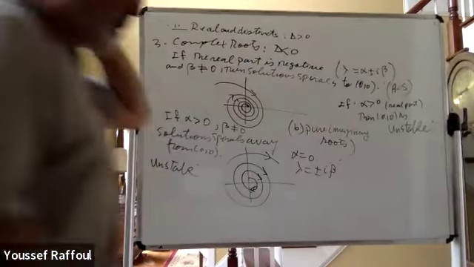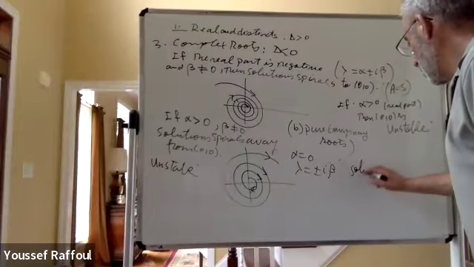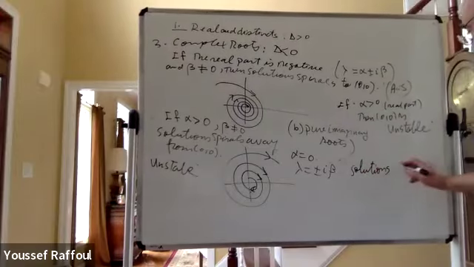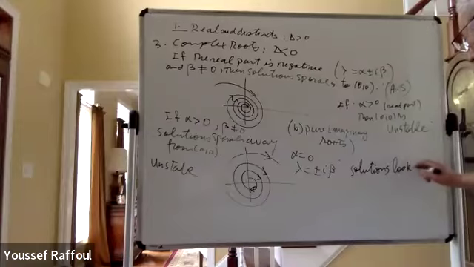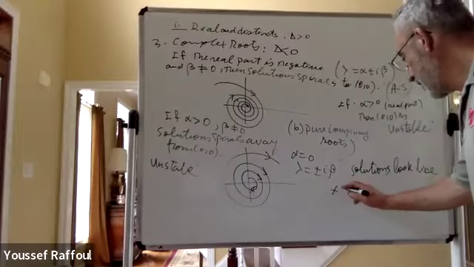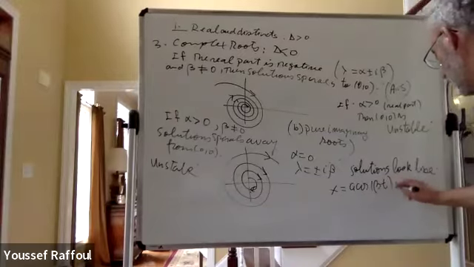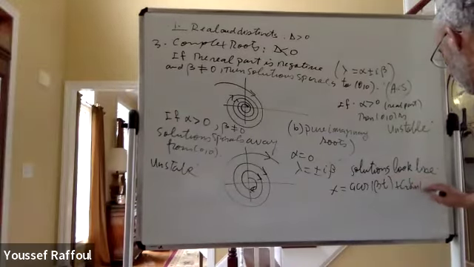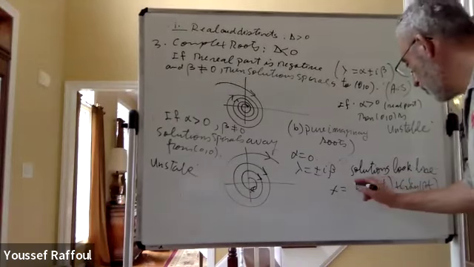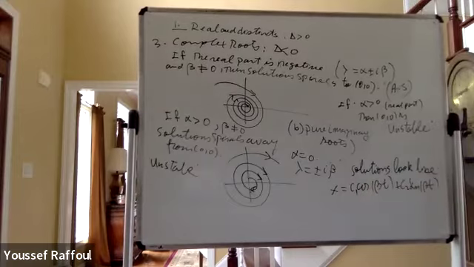In this case, solutions look like x equal to C1 cosine beta t plus C2 sine beta t. This is what the solution looks like.